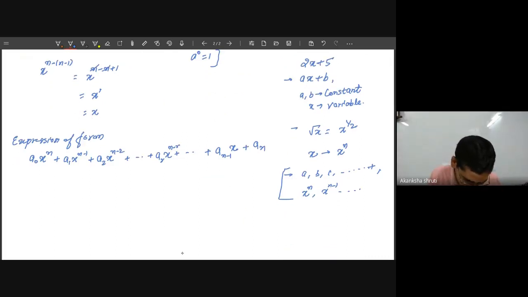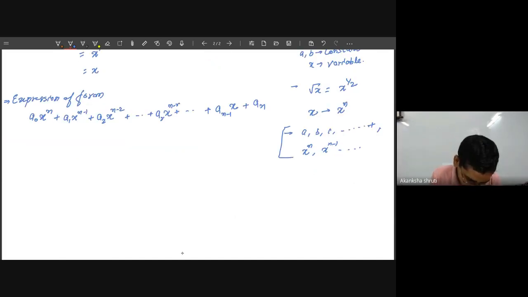So this expression of the form is said to be a polynomial if, or is a polynomial. So what is the condition that we have to write?